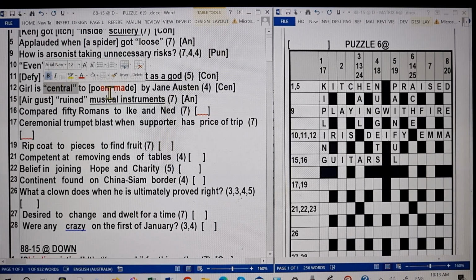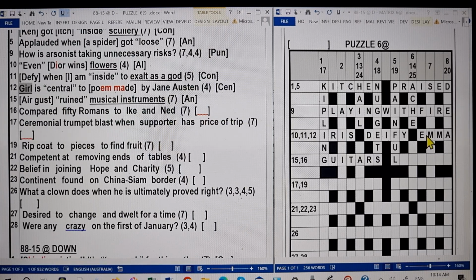If you look at EMMA, it is the centre of poem made. Okay? And girl is the centre, and that's your key. All right? The girl is Emma. Okay, righto, girl called Emma. Right, end of story.